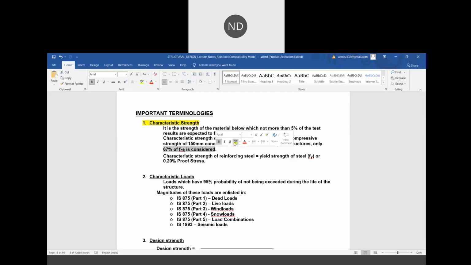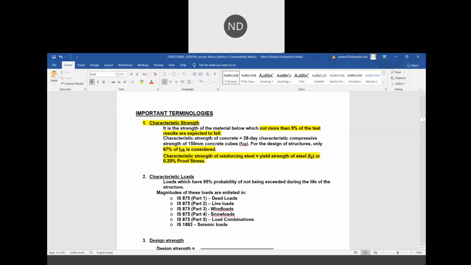The characteristic strength of reinforcing steel is equal to the yield strength, that means fy, or the 0.2% proof stress.